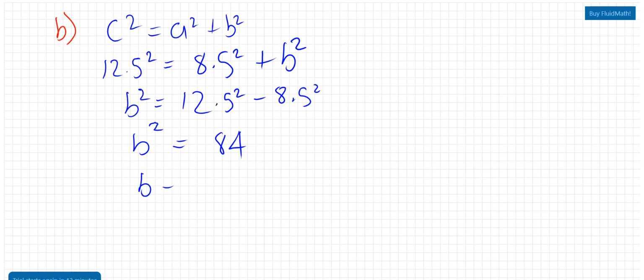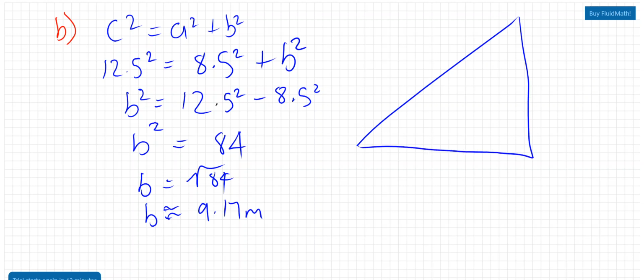Square root that, so b is equal to the square root of 84. We can see we have a surd, and the question asks us to round it off to 2 decimal places. So b is approximately going to be 9.17 meters. Okay, so that means, just to show it in our diagram, we have found the new distance from here to here, which is 9.17 meters.